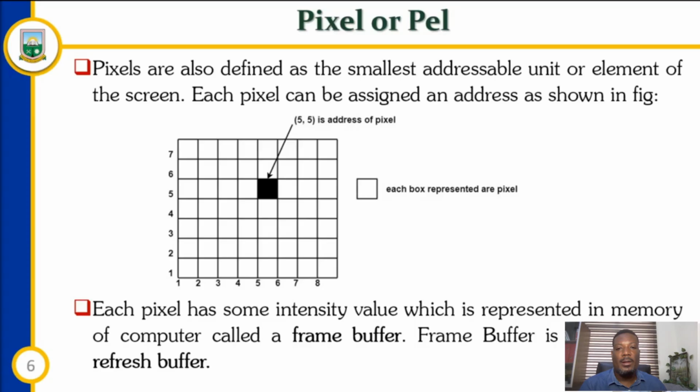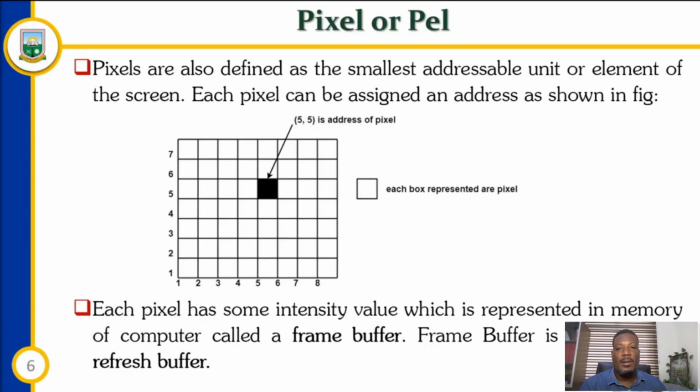In systems where multiple bits per pixel are used, we call it a pixmap, P-I-X-M-A-P. There are some algorithms that are available to help in scan conversion, and we'll talk about each one of them in the next slide.